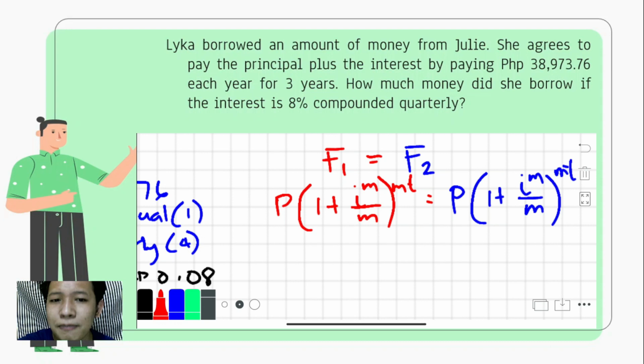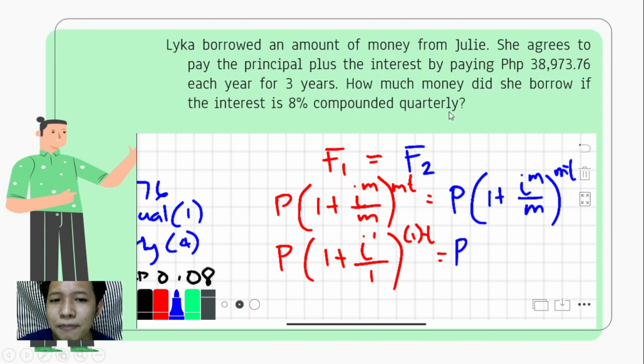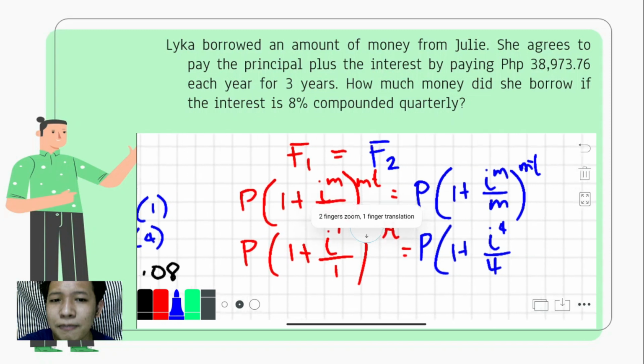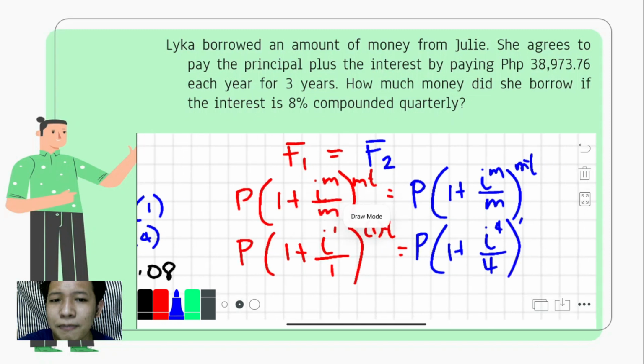So we have P times (1 + i^(1)/1)^(1×t). Yung kabila naman po ay yung quarterly. So we have here P times (1 + i^(4)/4)^(4t).